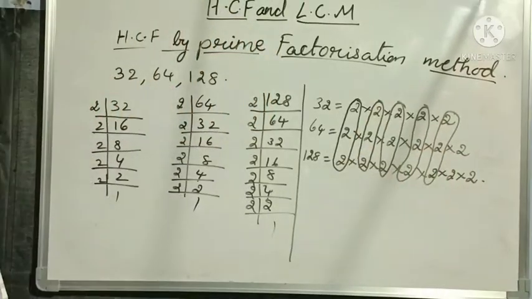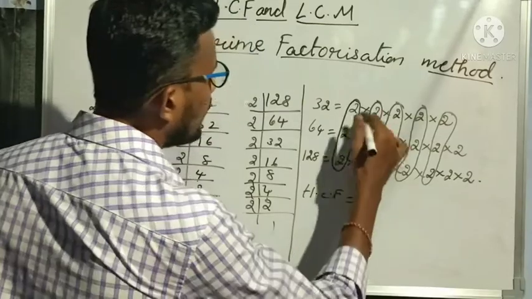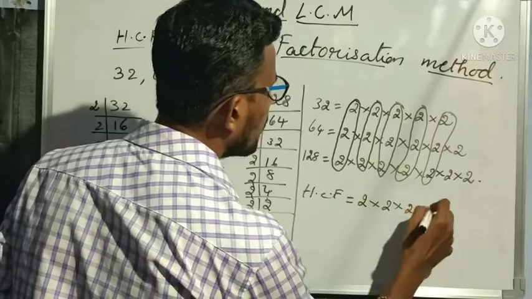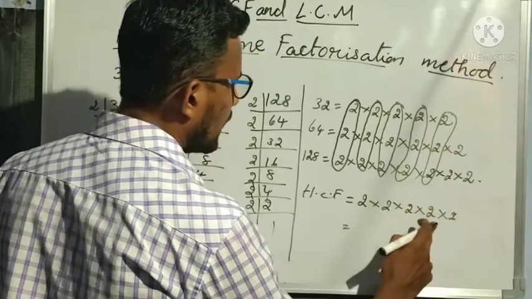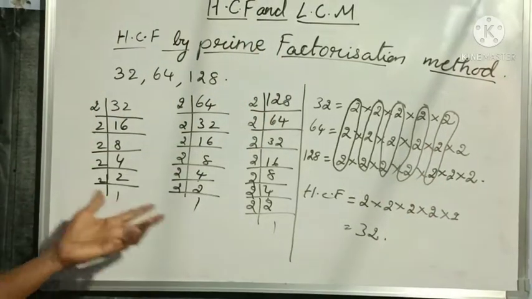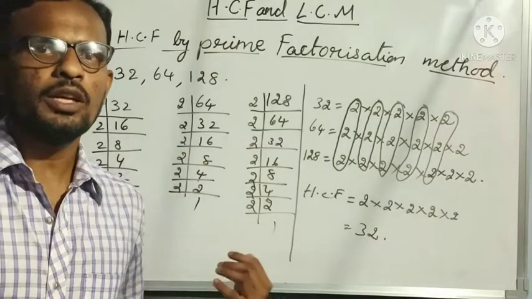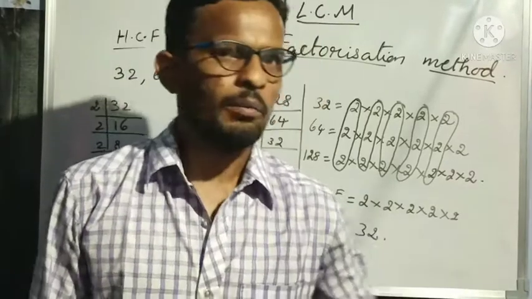So HCF is equal to, how many times do we have 2 in common here? 5 times. So 2 into 2 into 2 into 2 into 2. 2 into 2 is 4, 4 2s are 8, 8 2s are 16, 16 2s are 32. So 32 is my HCF of 32, 64 and 128. Understood? So this is how to find HCF by the prime factorization method.